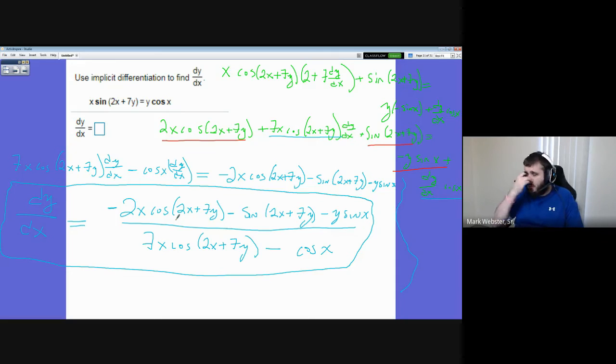But as you go through and you see some of the problems that are more application based, they're not going to give you anything as ugly as the ones that we've done so far. But this is to help you build the skills. Like if you don't know product rule, if you don't know quotient rule, you're going to have a rough time. So make sure that you're good with those. Make sure that you ask for help on those if you're still feeling like you're struggling. Okay?